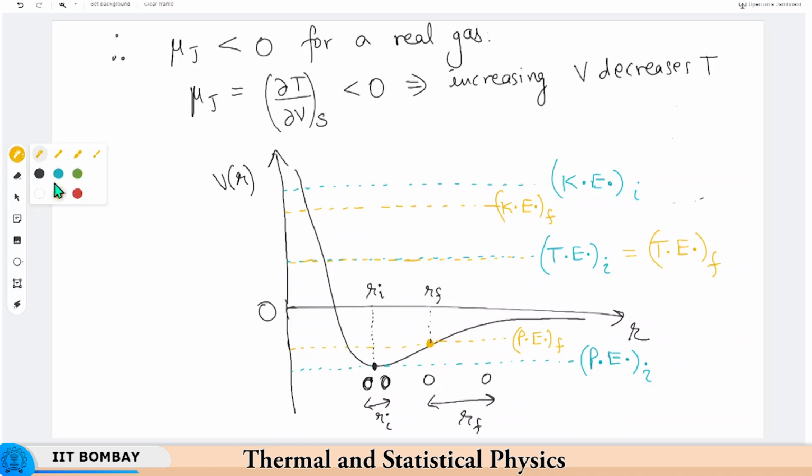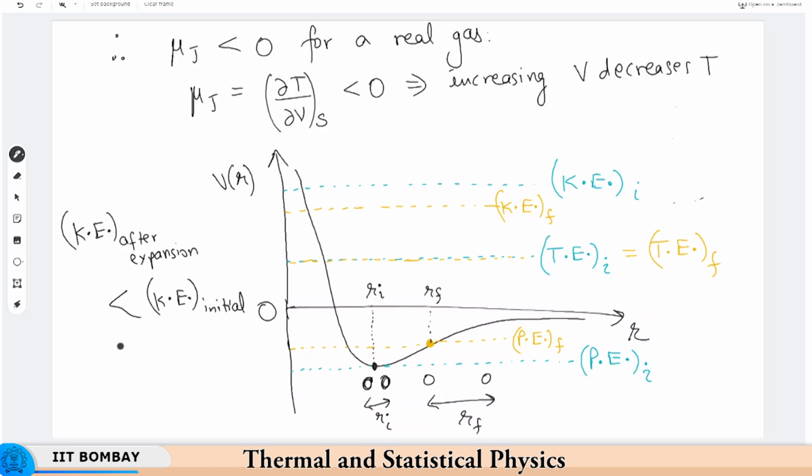The kinetic energy after expansion is less than the initial kinetic energy. And what is kinetic energy? That is actually the measure of temperature. Therefore, if we adiabatically expand a real gas, since its total internal energy does not change, its temperature goes down.